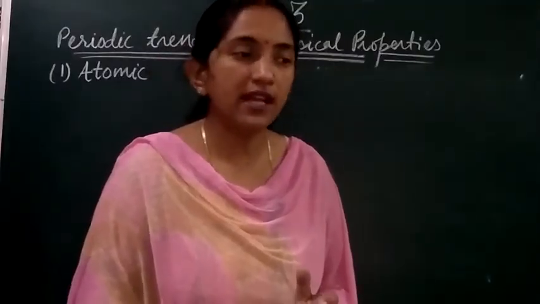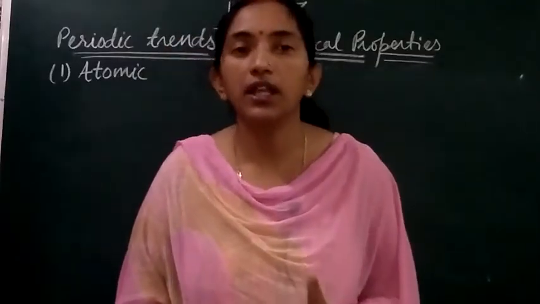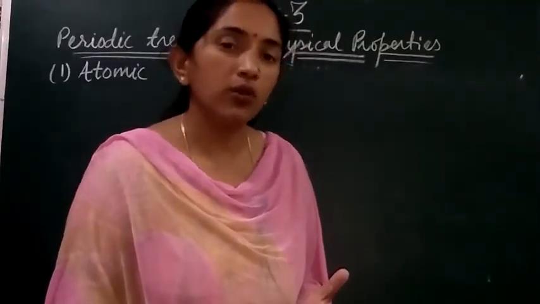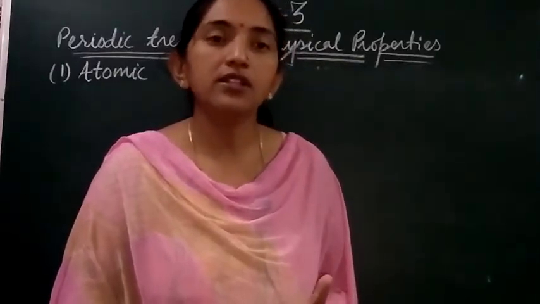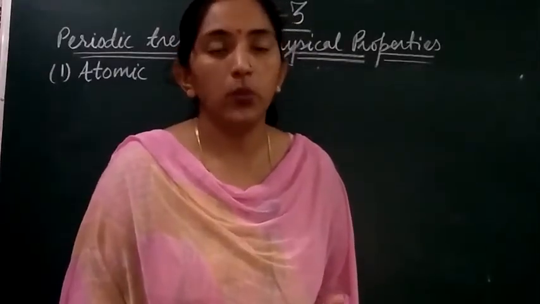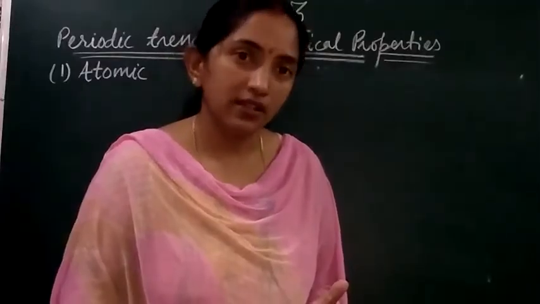Now here we mean that if the atom is linked with another atom through a covalent bond, we will say it to be a covalent radius. If it is forming an ionic bond with its surrounding atom, it will be known as the ionic radius.